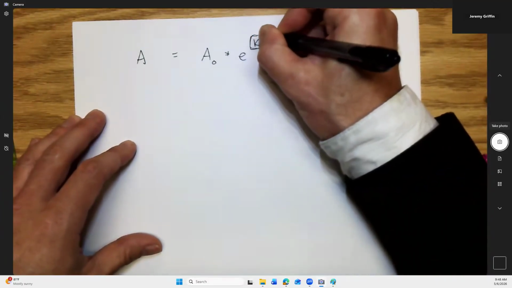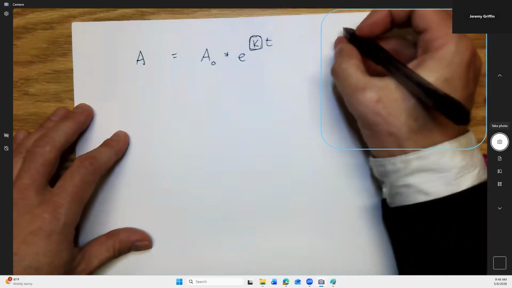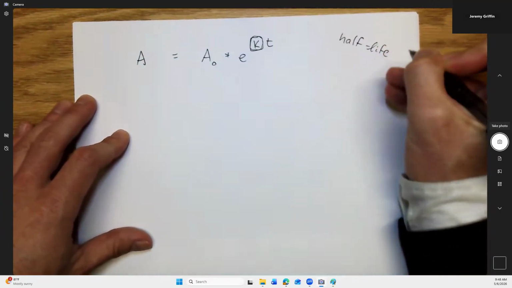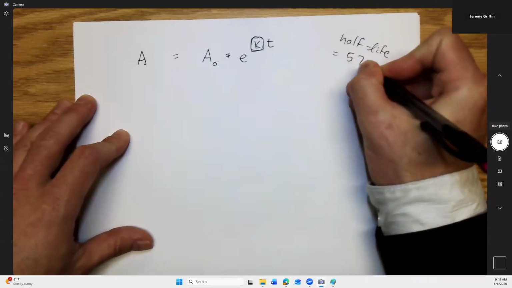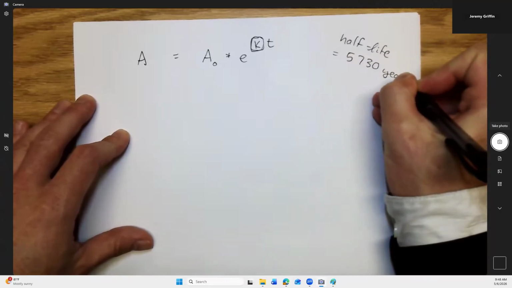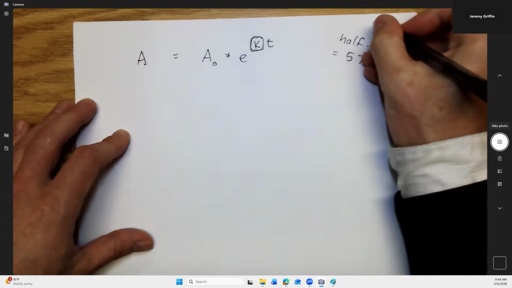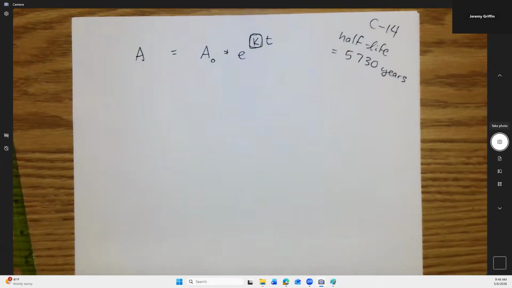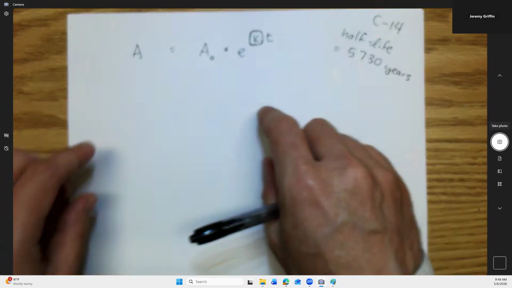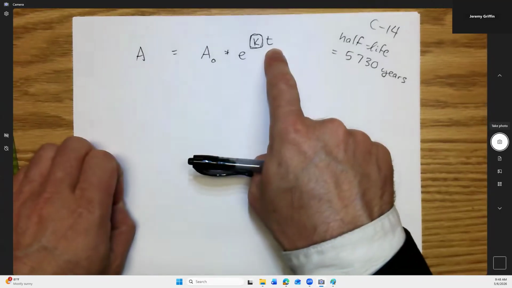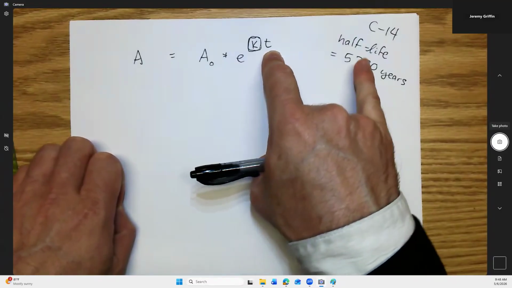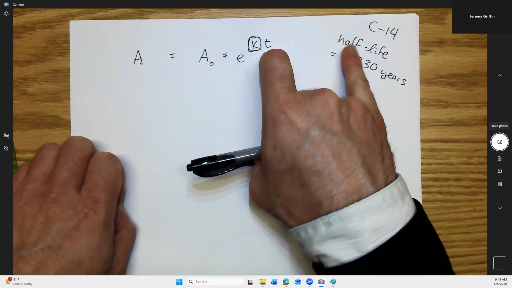Okay, this K. Now, do you guys see the phrase half-life? Half-life of 5,730 years. This is specific to carbon-14. Other radioactive materials could have different half-lives. But carbon-14, what that means is that if I plug in 5,730 years for time, how much do I have compared to how much I started with?